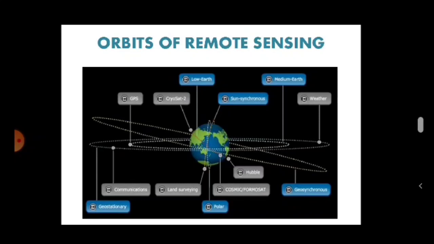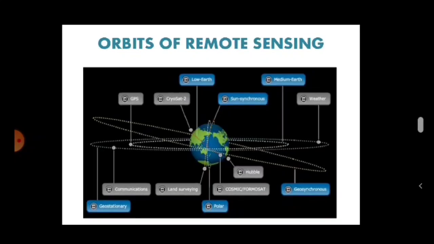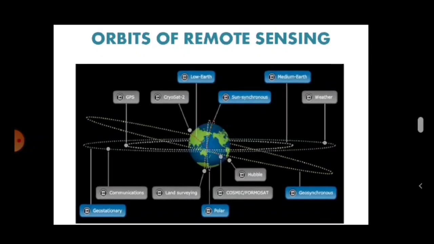In this way, equal illumination geometry is preserved, so images can be taken on different dates, and we can also see how seasonal changes occur in remote sensing images. A swath width of 60 to 185 kilometers is provided by these types of satellites.